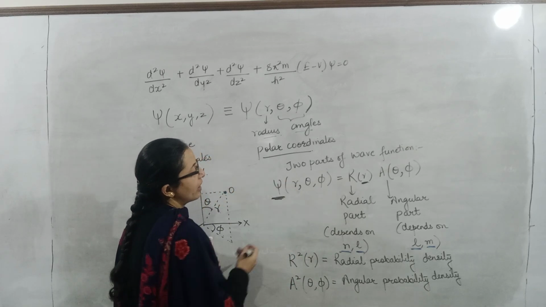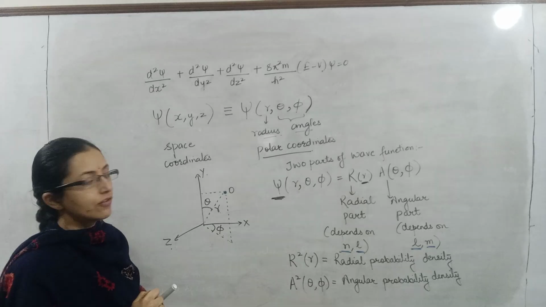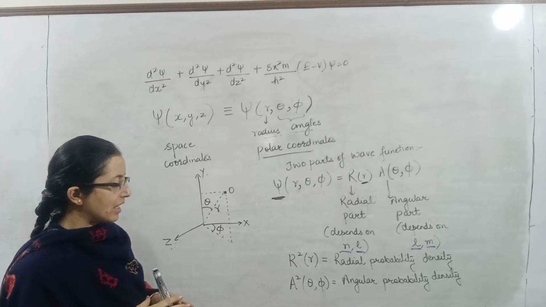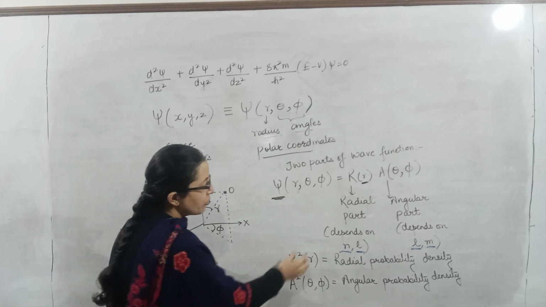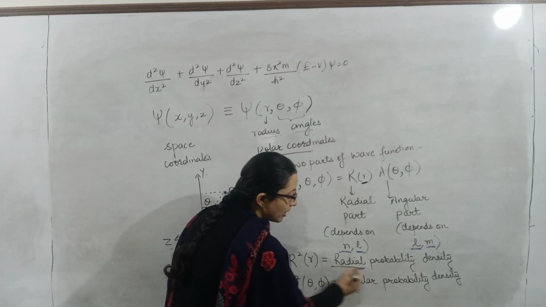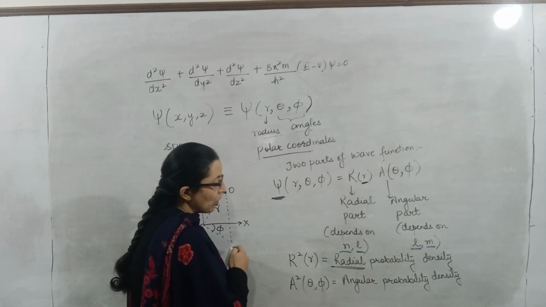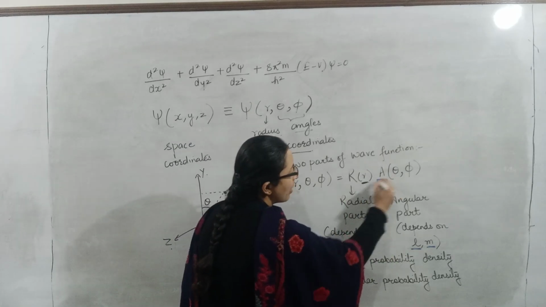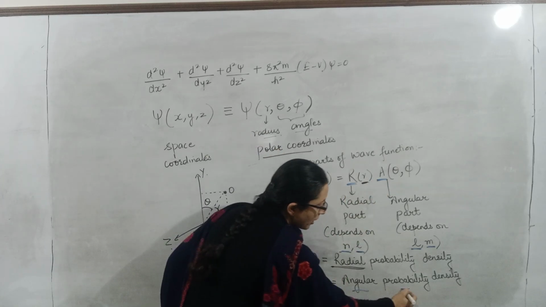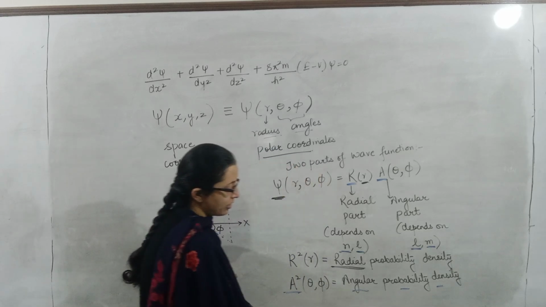Now when we square the psi, wave function का जब square करते हैं तो क्या पता चलता है? Probability density. The same way, अगर हम radial part of the wave function का square करेंगे तो radial probability density पता चलेगा, और अगर हम angular part का square करेंगे, ठीक है, so angular probability density will be known from there.